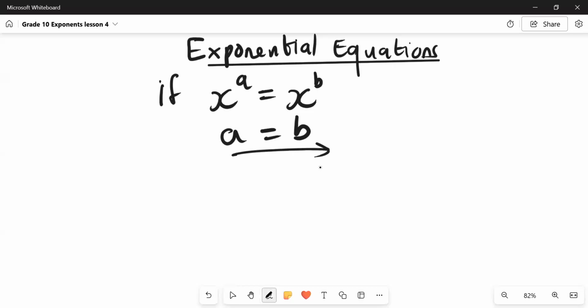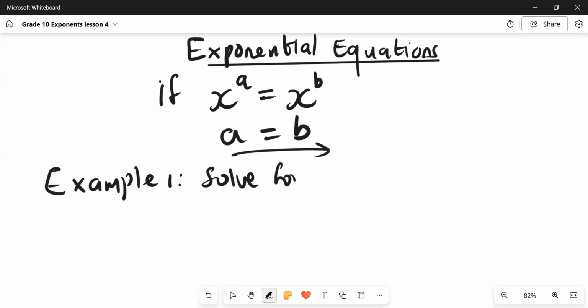Let's try to use this on example 1, where they're saying solve for x. And then they give us 6 to the power of x equals to 36. So this shouldn't be a problem.